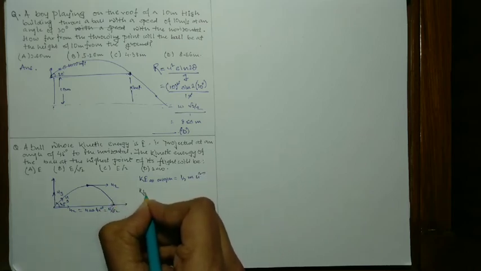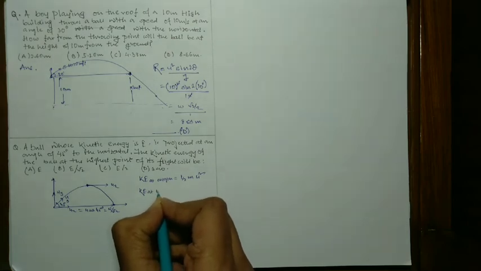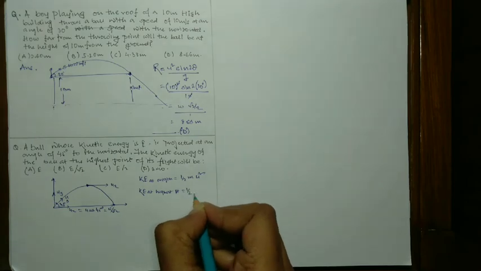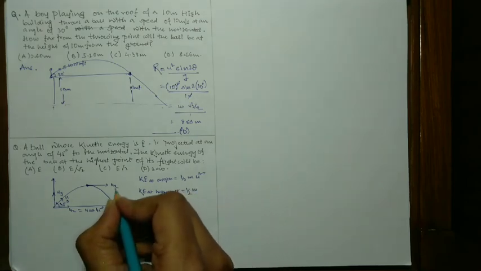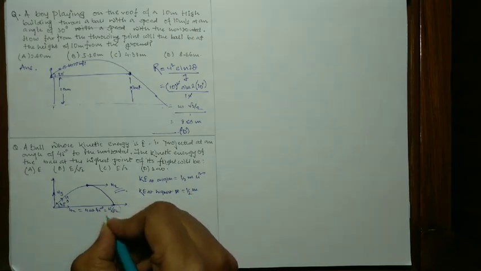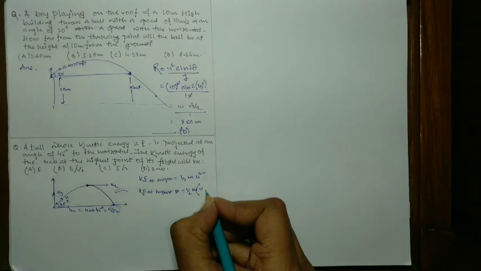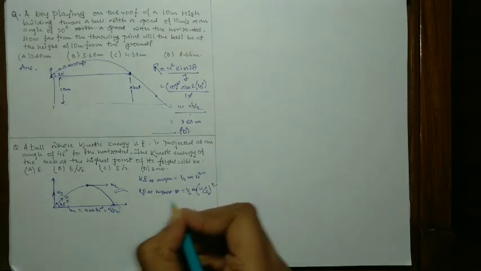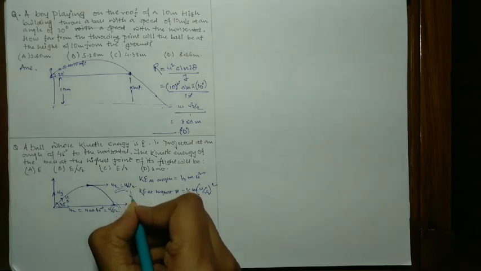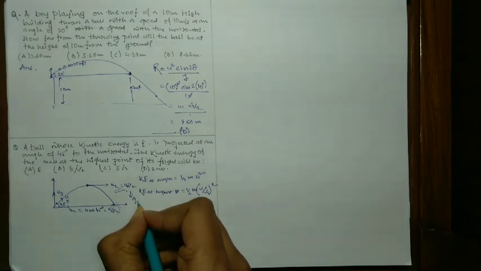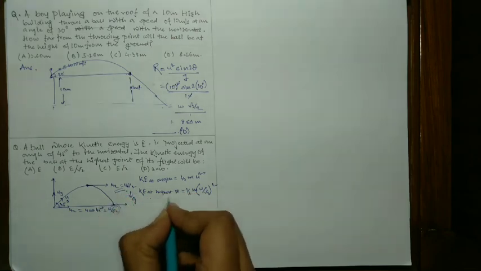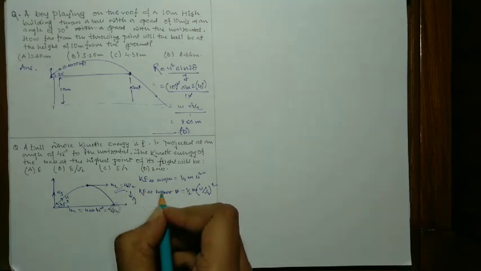Now KE at the highest point will be half of m, and the only velocity left is ux, which is u by root 2, because acceleration, which is the cause for changing the velocity, is acting in the downward direction and the velocity is in this direction, so there will be no change of horizontal velocity.